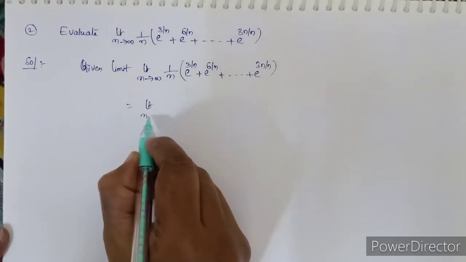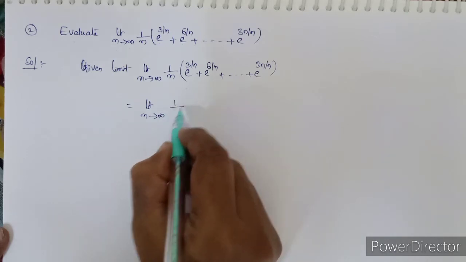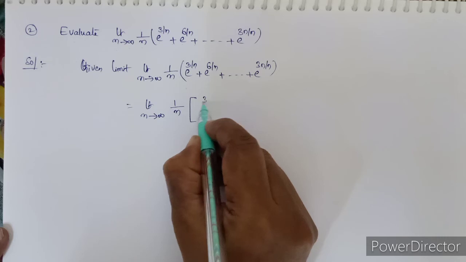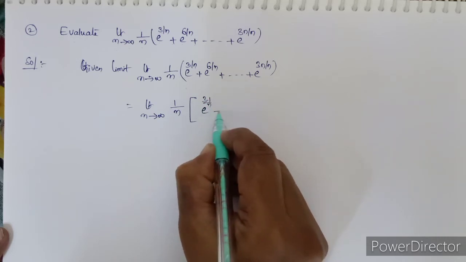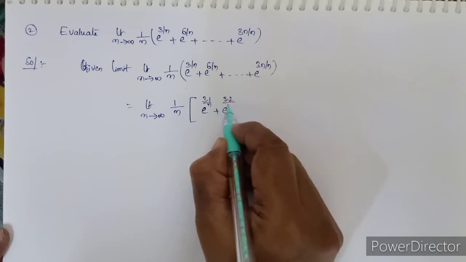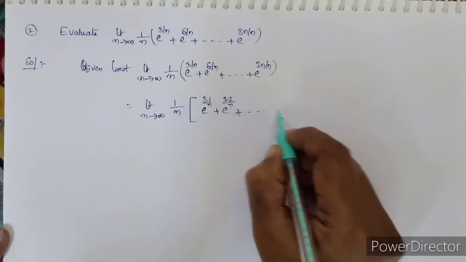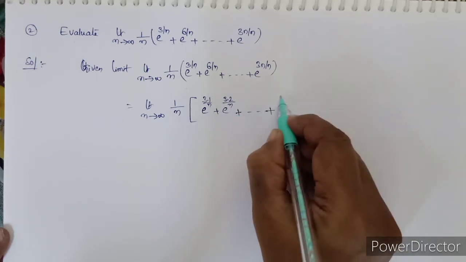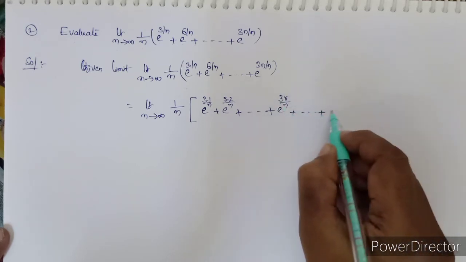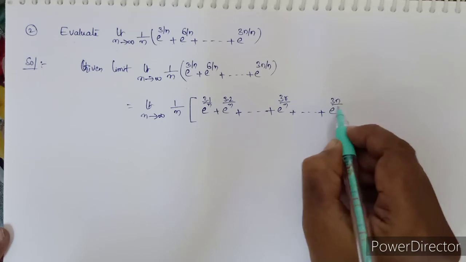We write first term as e power 3 into 1 by n, second term e power 3 into 2 by n, rth term e power 3 into r by n, nth term e power 3 into n by n.